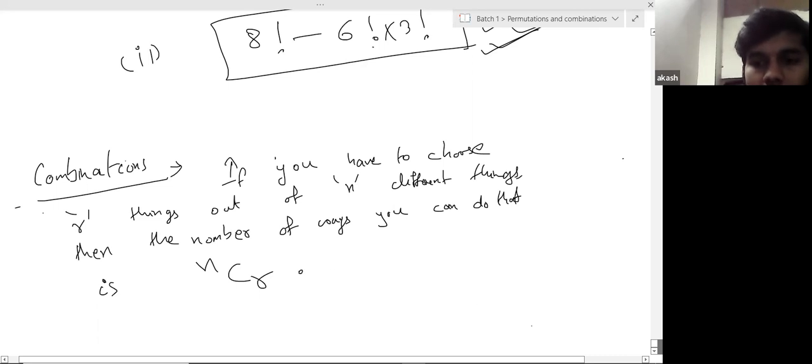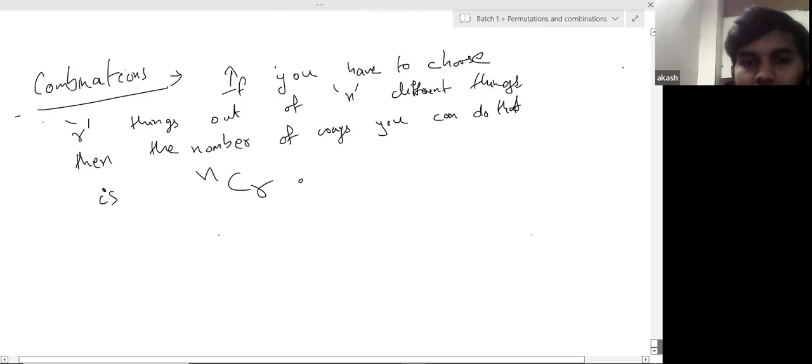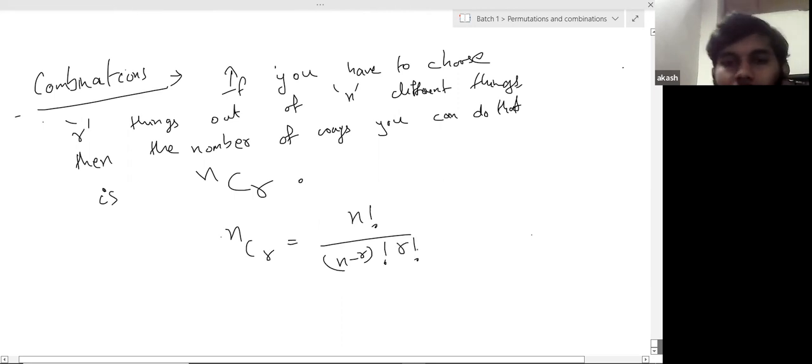And you know what nCr is? nCr is n factorial upon (n minus r) factorial into r factorial. Write it down, then I'll explain.